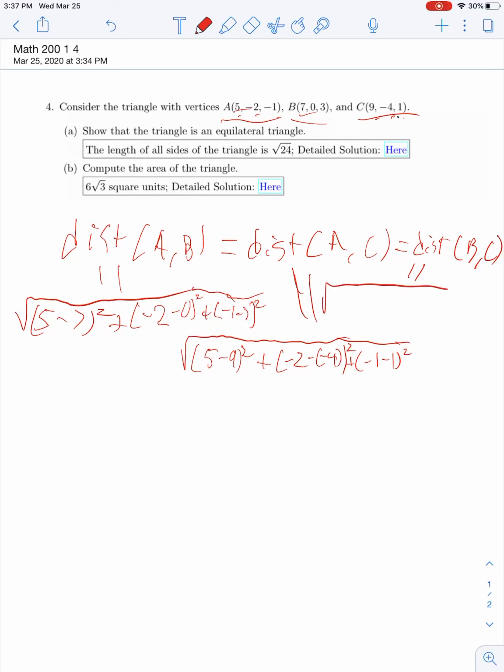And for BC, we're going to have a similar thing of 7 minus 9 squared from those guys, and then 0 minus negative 4 squared, plus 3 minus 1 squared.